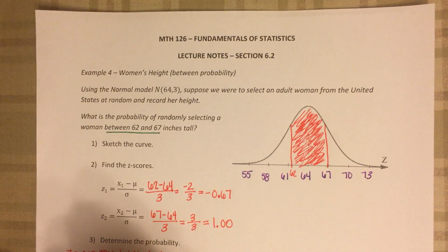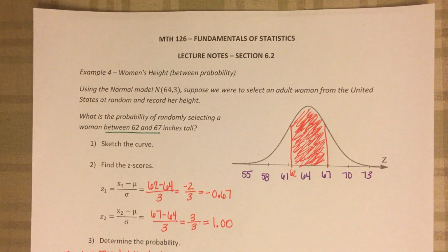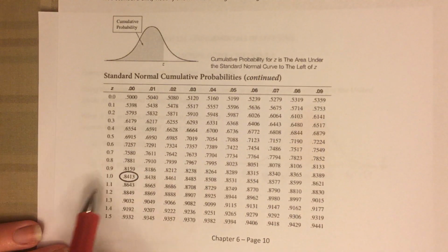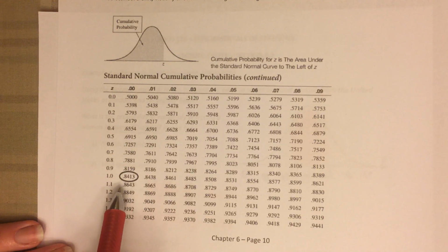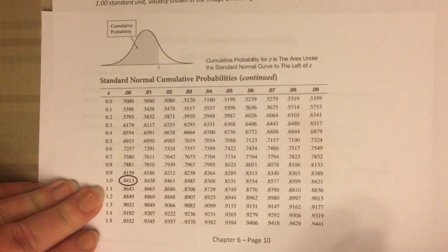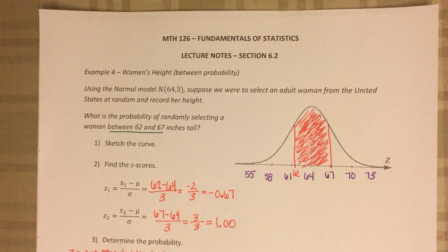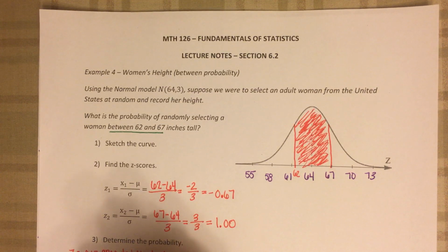For our z equal to 1.00, on one of the previous pages, we had a z-score of 1.00, and the number in our table was 0.8413. So our area to the left of this z is 0.8413.